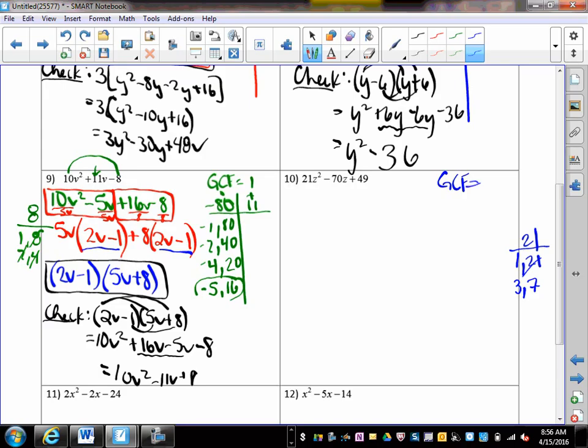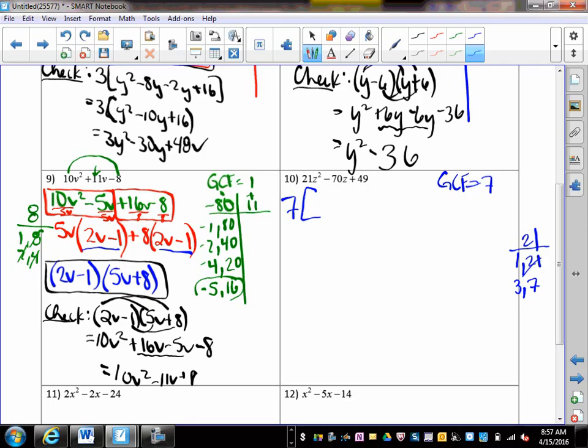Very good, Albert. 7. Can we take out a Z? I hear yeses and I hear nos. Why not? Good. 49 doesn't have a Z, so I can't take out something if it's not there. Alright, let's factor out our GCF.